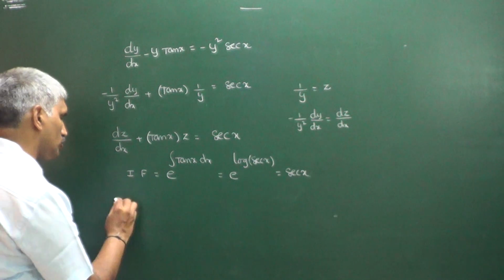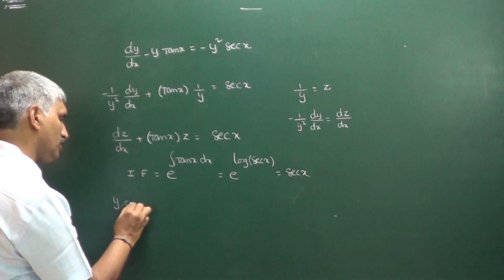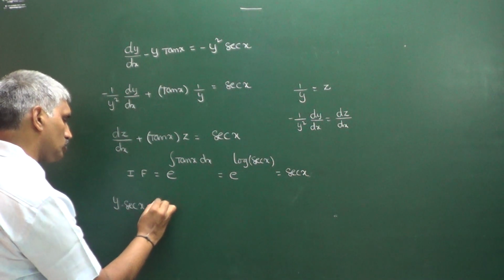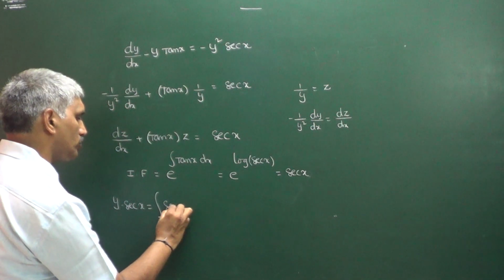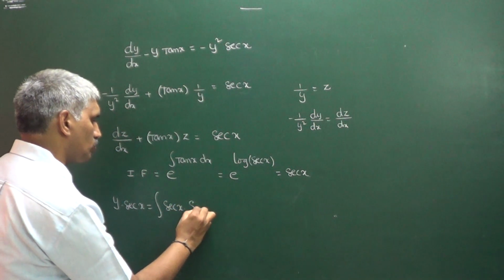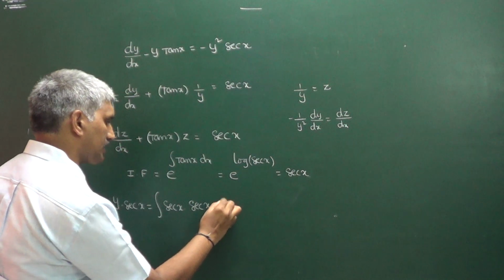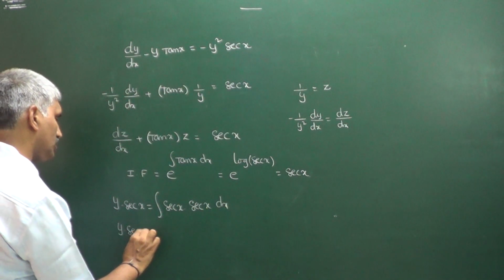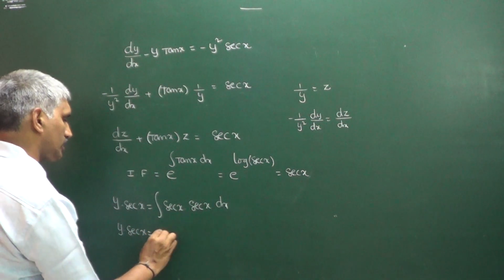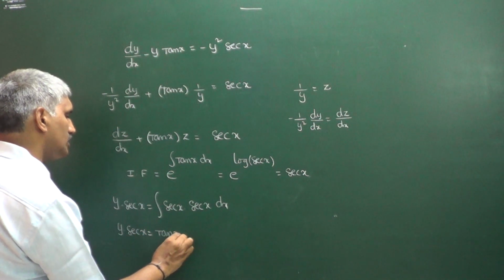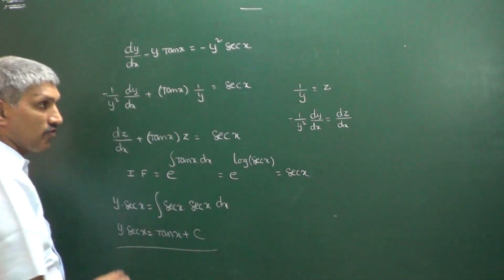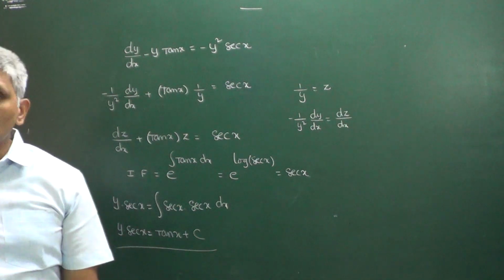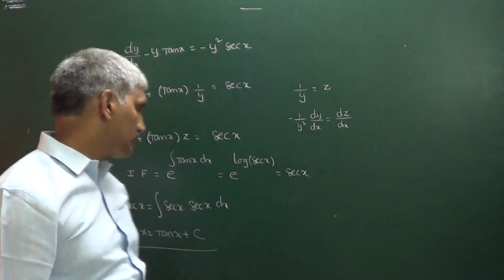Then the general solution is y into integrating factor is equal to integration of q, that is secant x into secant x dx. Further, we can write it as y into integrating factor is equal to integration of secant square x, that is tan x plus c.